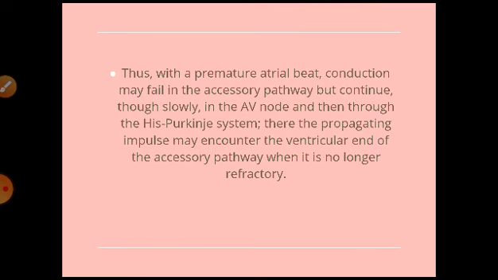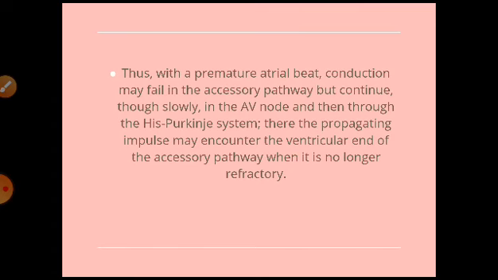So once it connects with the accessory pathway, through the accessory pathway it goes back to the atrium. From the atrium again it comes to the AV node, and from the AV node again it goes to the accessory pathway.